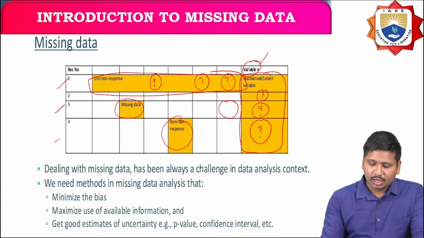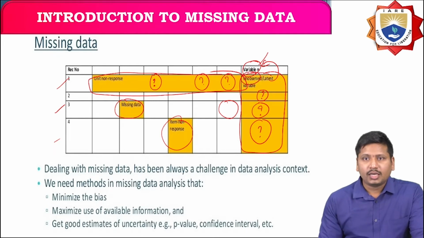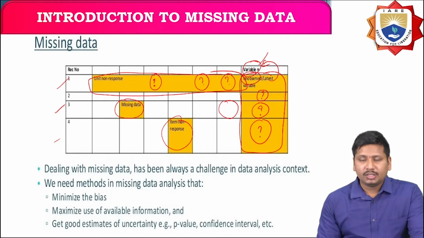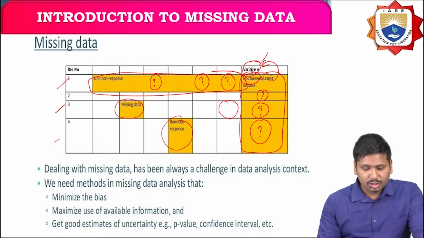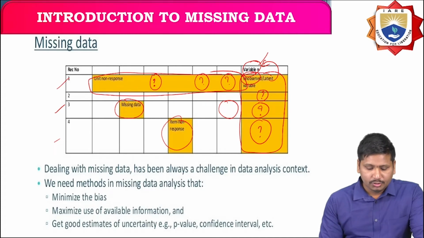Based on this, I can define this variable as a latent variable, an unobserved variable. So like this, I can divide missing data into different types: first unit non-response missing data, then item non-response missing data, and then latent variable, where an entire column has more than one missing value.